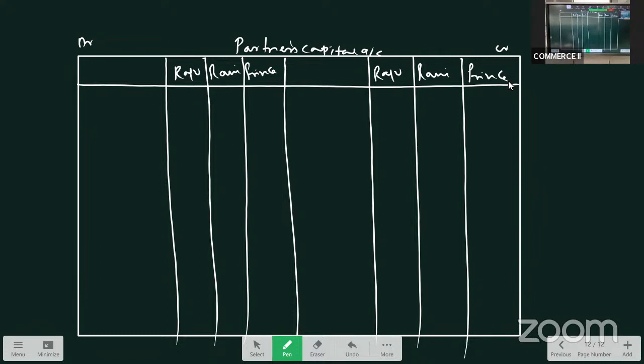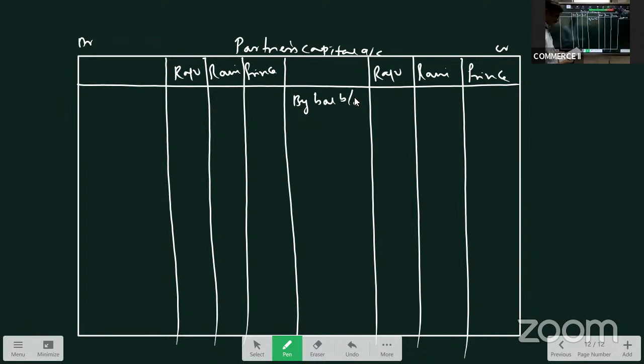Raju, Rani, and Prince. Rani is retiring. Let us credit everything that she deserves, or what she is supposed to be credited with. Whatever the firm owes to Rani, we will credit with that amount. So by balance brought down.